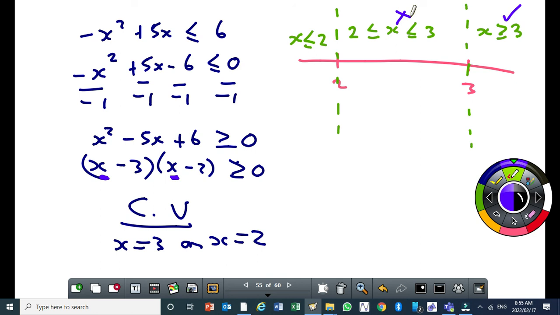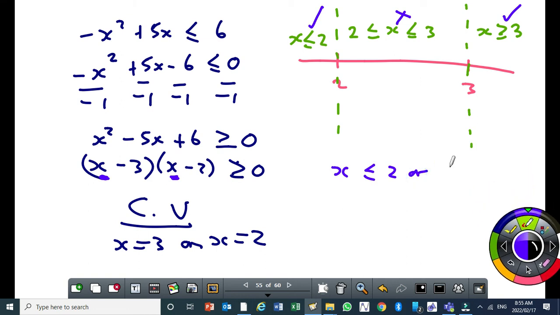Then here, if I choose a value that's less than 2, like 1, put 1 here, you get negative 2, put 1 there, you get negative 1, multiply, you get a positive, so this is a solution. Therefore, our solution will be x is less than or equal to 2, or x is greater than or equal to 3. So you have 2 inequalities as the solution.